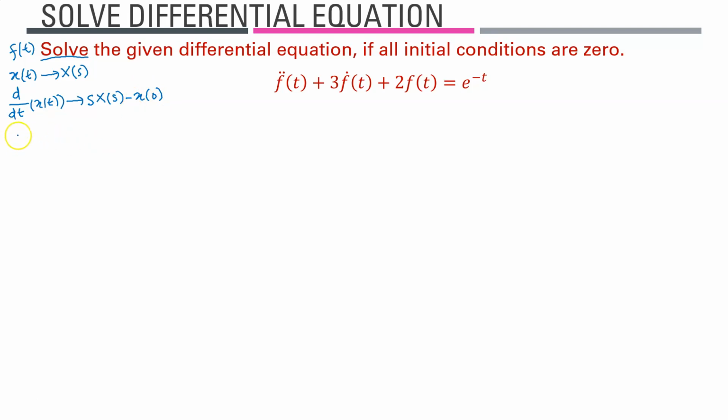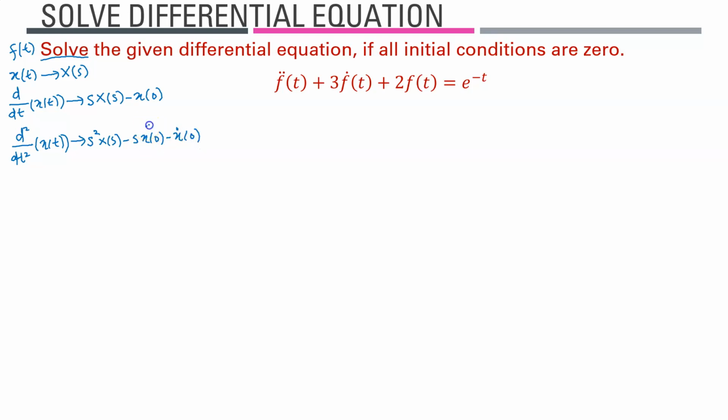If we have second order differentiation, d squared over dt squared of x of t, the Laplace transform will be s squared X of s minus s x of 0 minus x dot of 0.